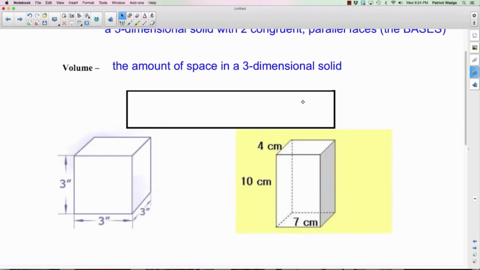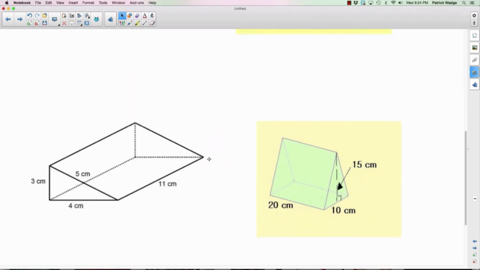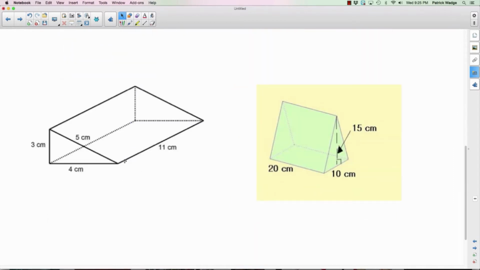We're actually going to do 3 different types of shapes today. We're going to do rectangular prisms, triangular prisms, and circular prisms, which are also called cylinders. Look, the parts that are parallel here, the bases, are the circles. The circles are parallel with one another. In the triangular prism, the parts that are parallel to each other are the triangles.